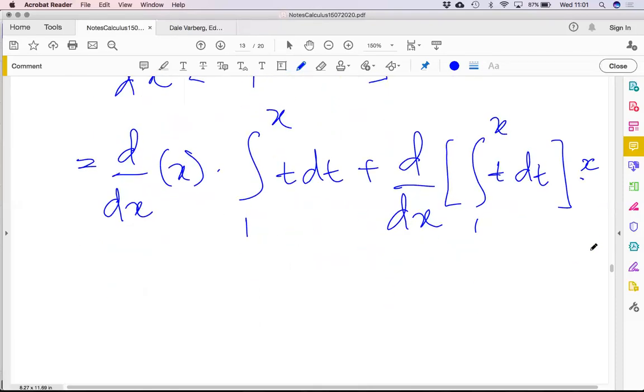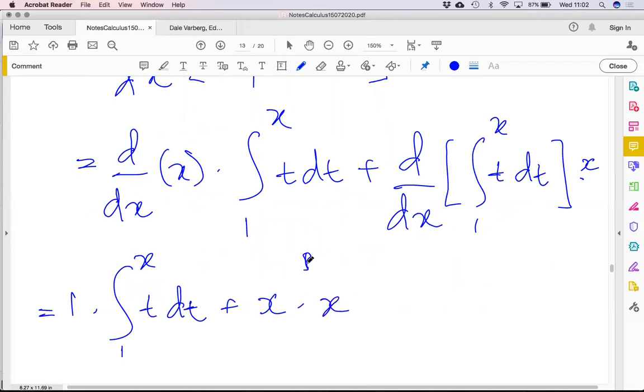Okay, so d/dx of x is 1, and this integral is not changed. Plus this one, by FTC1, becomes x multiplied by x.